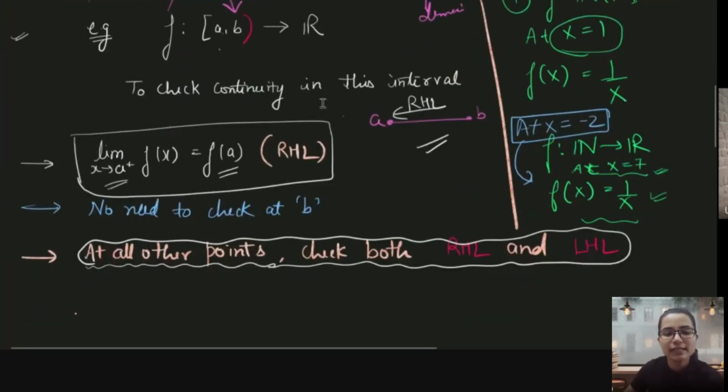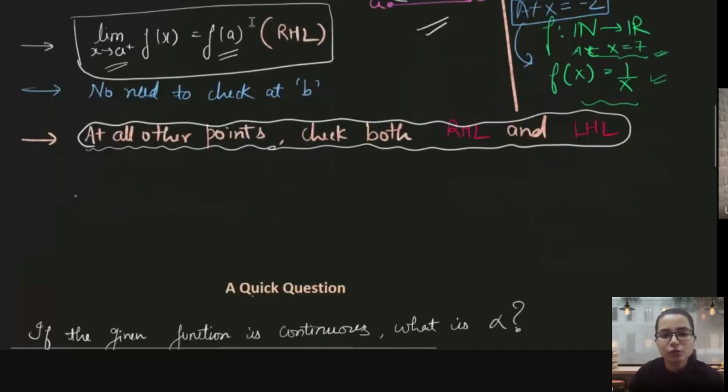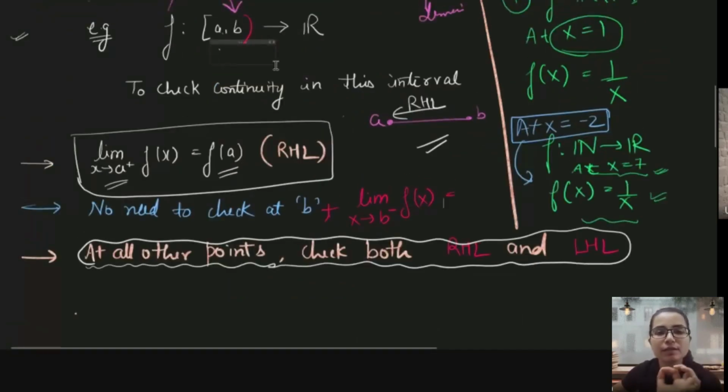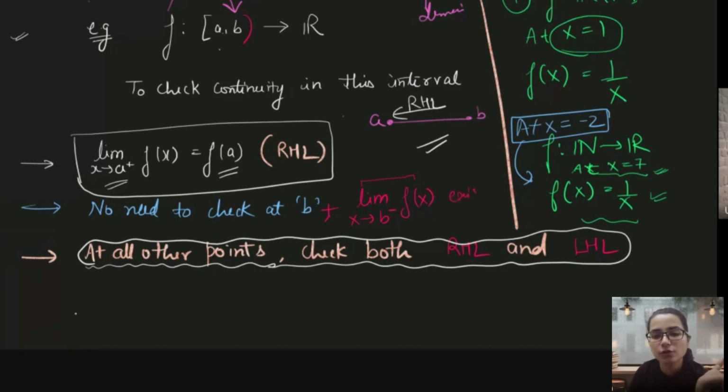So in that case, what you can do is, the functional value does not lie at B, but the limiting value lies at B. So what you can do is, I forgot to write here, you can check the left hand limit for B. Because the function is not defined at B, but the limiting value exists at B. I mean, the left hand limit can be checked at B and you'll have to check whether it exists or not.